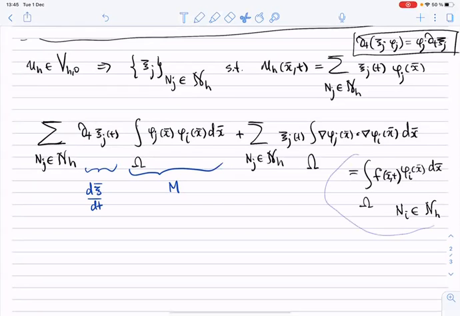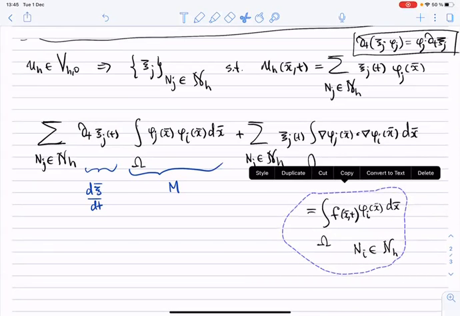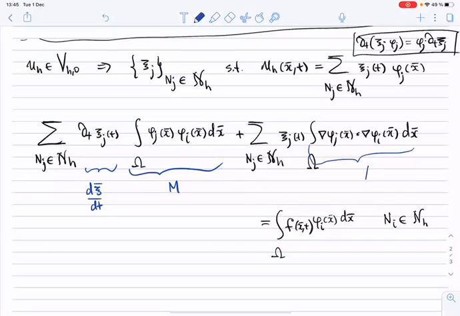Let me move this object a little bit down, like this, and I put it here. Then this part is the usual stiffness matrix A. That part is our unknown vector, but it depends on t, of course.